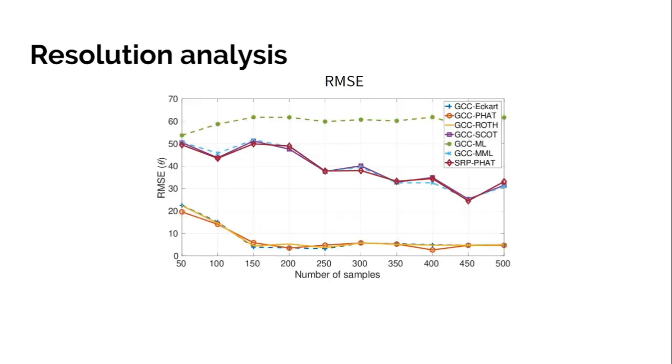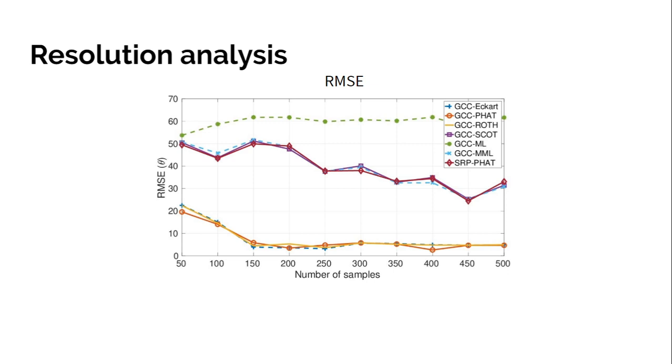The first thing we can see here is, for SNR equals 3 dB, how precise a filter is by means of the number of samples. We can see here that the AML filter is not that good when we deal with a smaller number of samples. That means it's highly dependent on the number of snapshots we take.